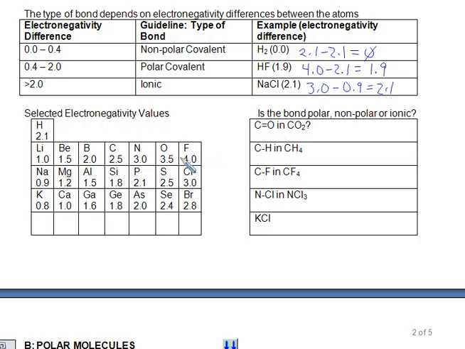So you're going to have oxygen is the most electronegative, so you have 3.5. You're going to subtract carbon, so that's minus 2.5. You get a value of 1.0, so this one is a polar bond. Try these other three, and we'll go over the answers.